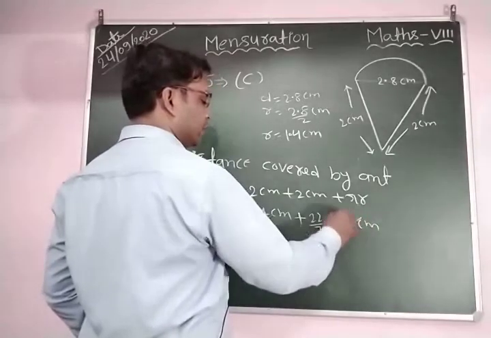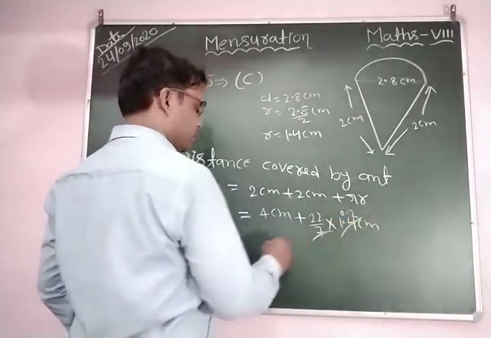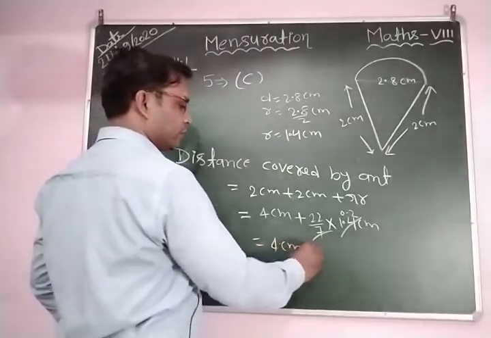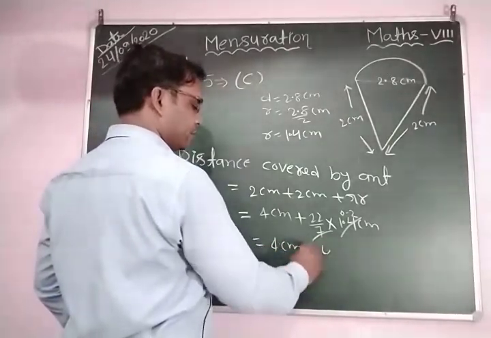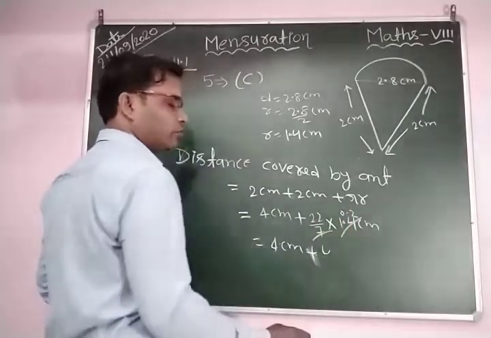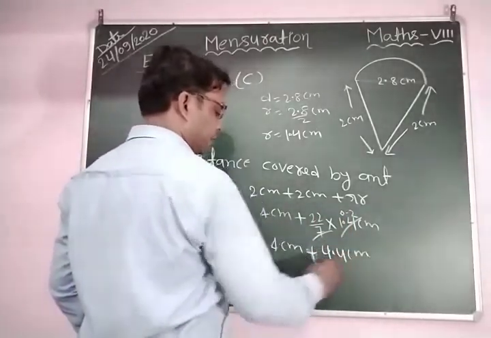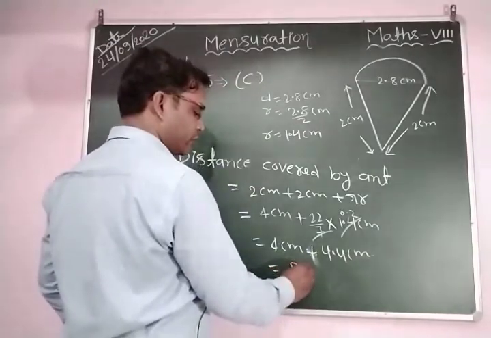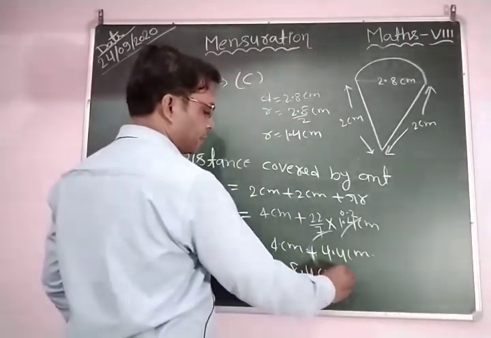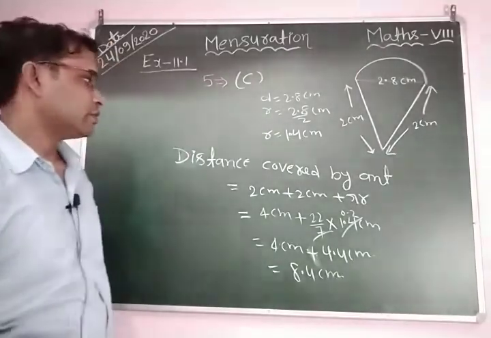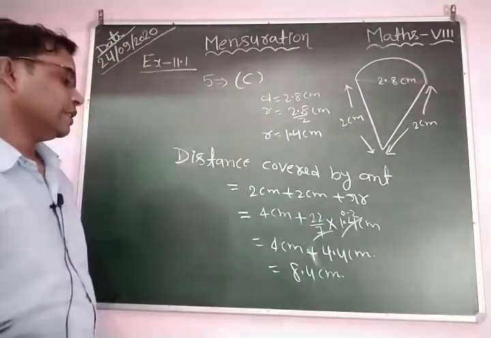You can cancel, it is 0.2, so this is 4 centimeter plus 22 into 0.2, 4.4 centimeter. This is equal to 8.4 centimeter.